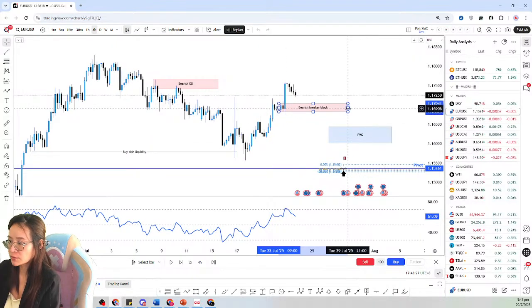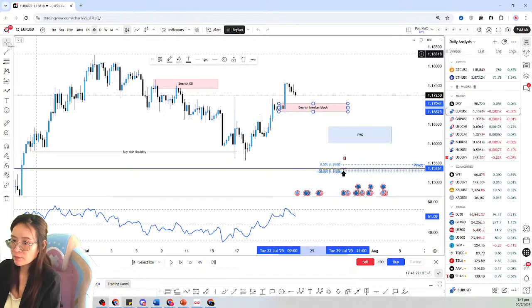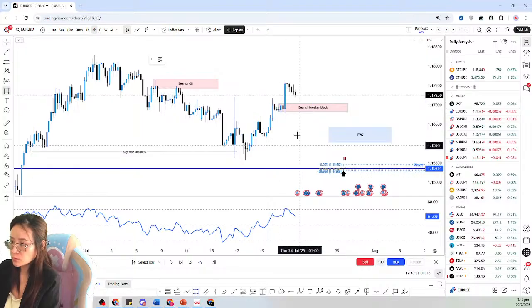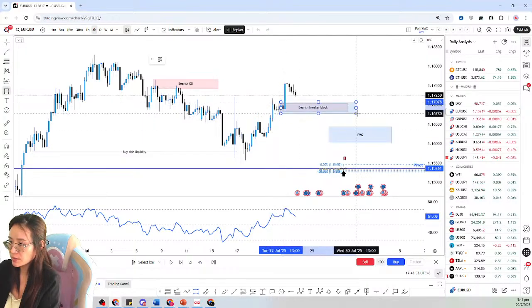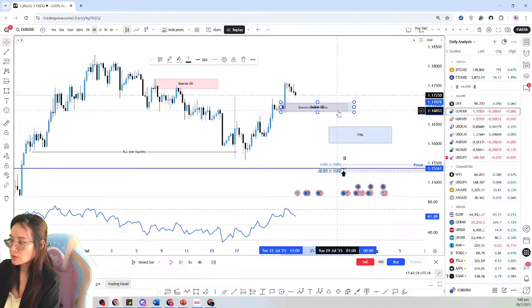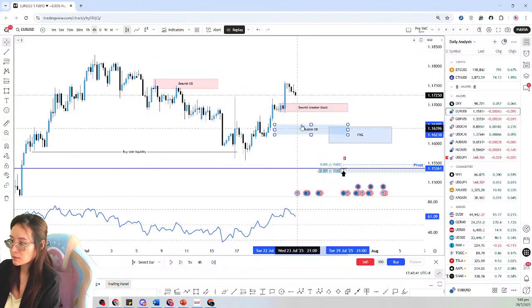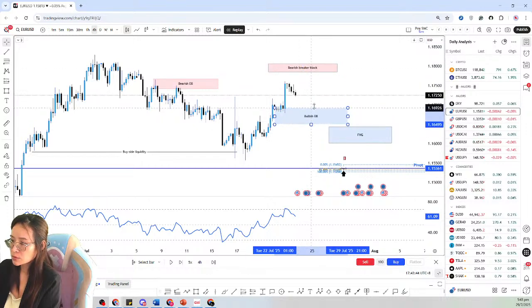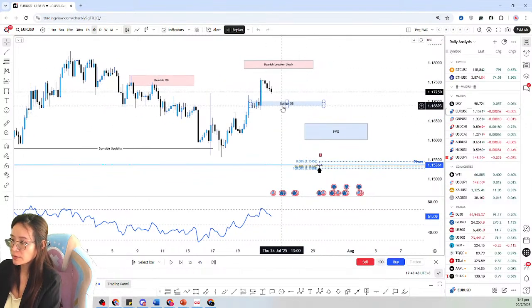So basically before this one we're gonna buy. You would identify that this is your bullish order block, right? It's your bullish OB, correct? And we're going to buy at the bullish OB here, for example.